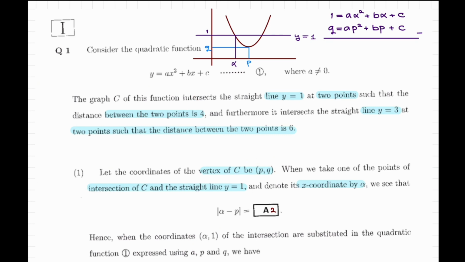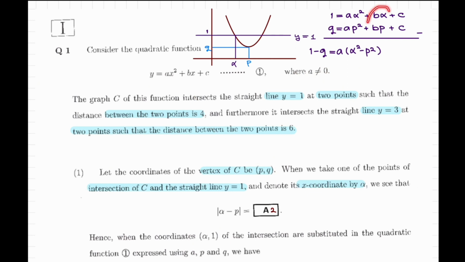Then I will get 1 minus q equals a alpha squared minus a p squared. You can factorize a, so you will get a open bracket alpha squared minus p squared close bracket.